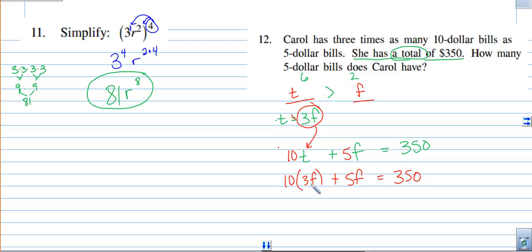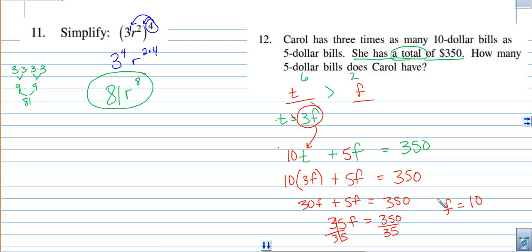Well, what's 10 times 3? You get 30 F's plus 5 F's equals 350. And then 30 plus 5 is 35 F's equal 350. Divide by 35. And then you'll get F equals 10.